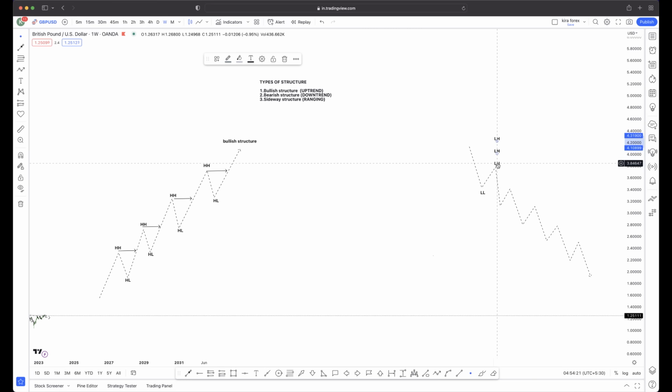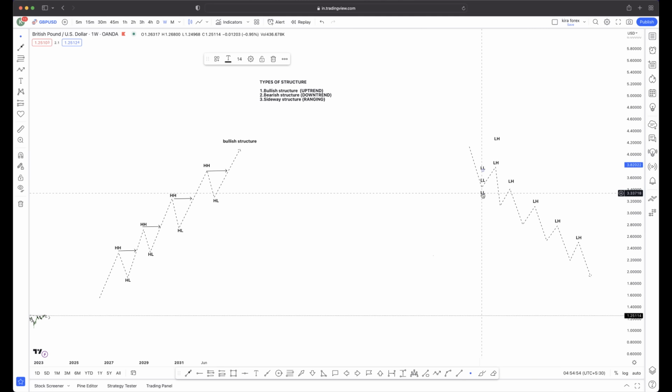In a bearish or downtrend structure, we have the formation of a series of lower highs and lower lows. We have our lower highs here, and then our lower lows at the downside. This is just the opposite of the bullish structure.